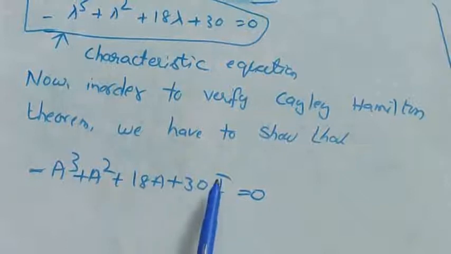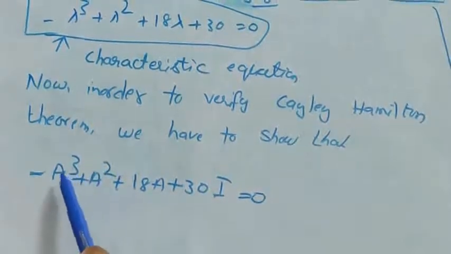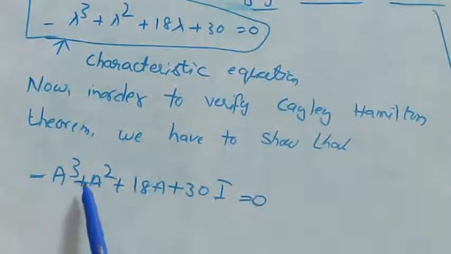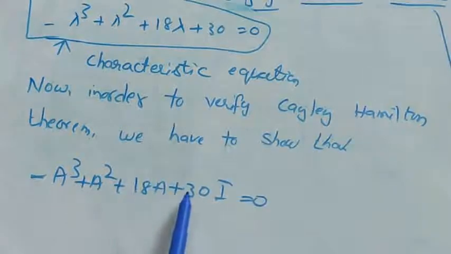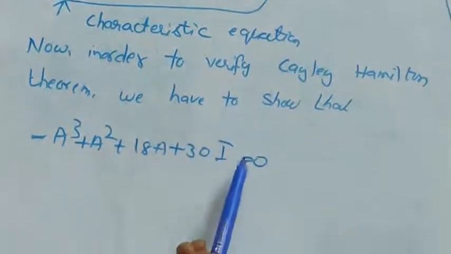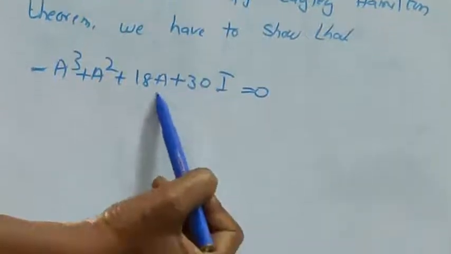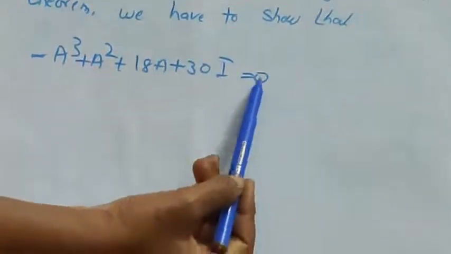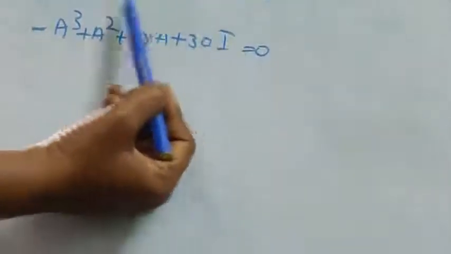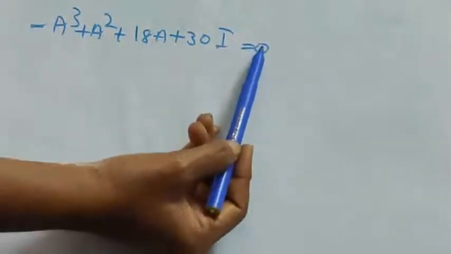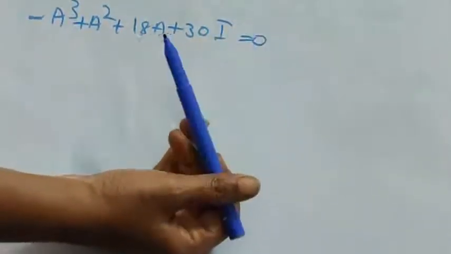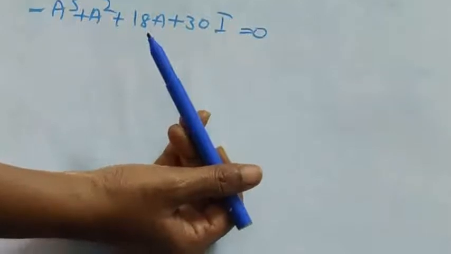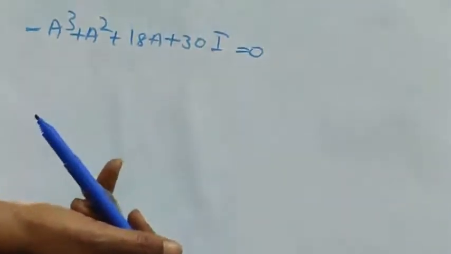If by adding minus A cube plus A square plus 18A plus 30 I you get 0, that is, LHS is equal to RHS, then we can say that the Cayley-Hamilton theorem is verified with the given matrix.